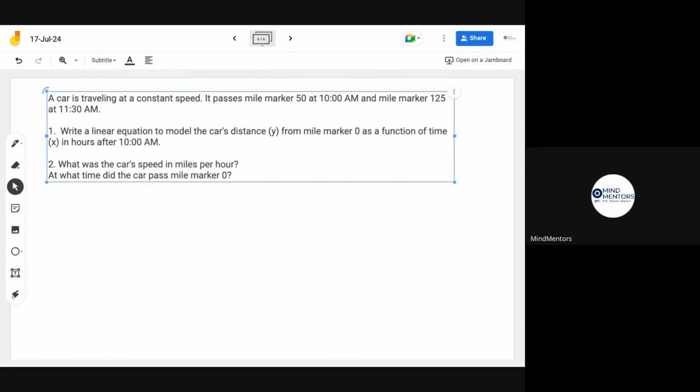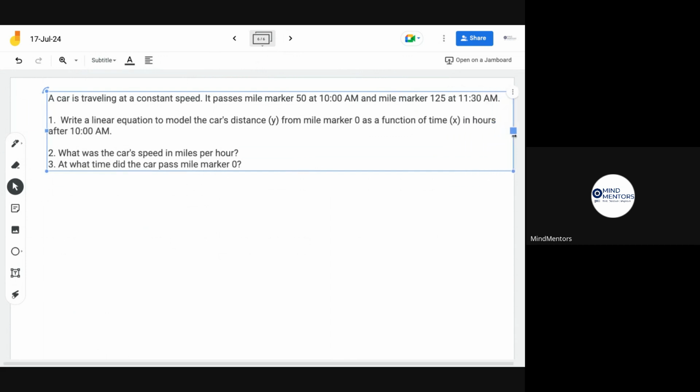Two, what was the car's speed limit? And three, these are the three questions you got to solve.